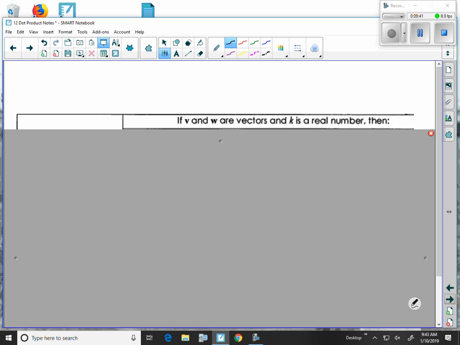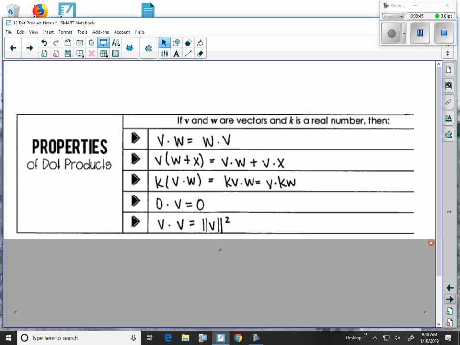Okay, so all you have to do is fill in the properties and then we will do page 2 tomorrow. So these properties, you're gonna notice a lot of these are the properties that we talk about when we're doing multiplication, addition, subtraction. So if you do v dot w, it's the same thing as w dot v. If you do the distribution property, it works. Same thing here.